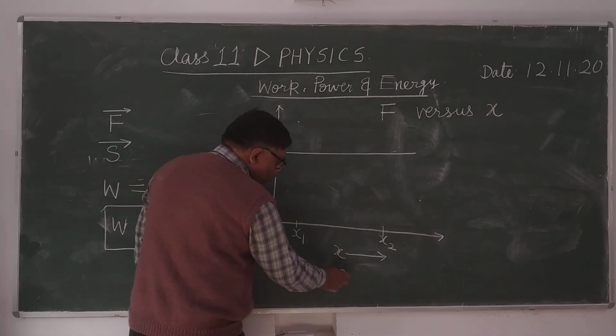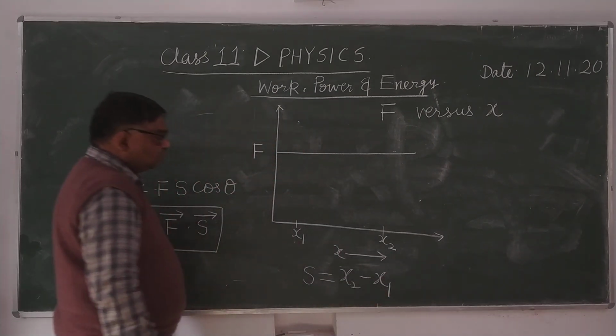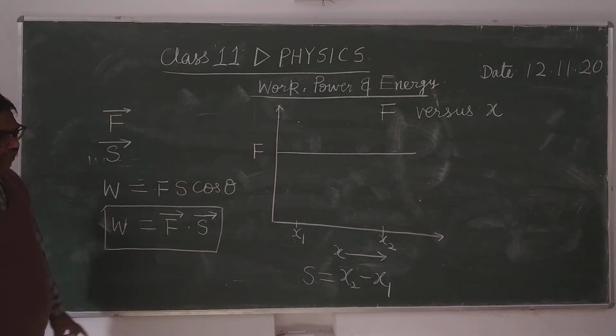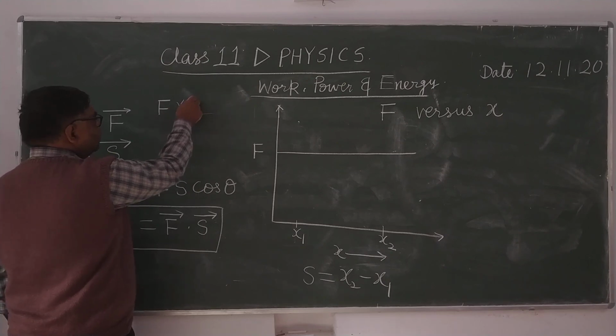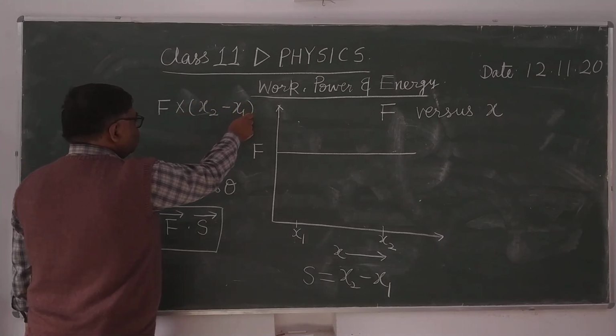It will be equal to x2 minus x1. So by your previous knowledge, you can calculate this work as the product of force and displacement, F times (x2 minus x1).